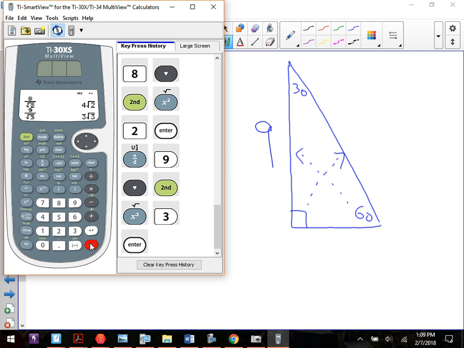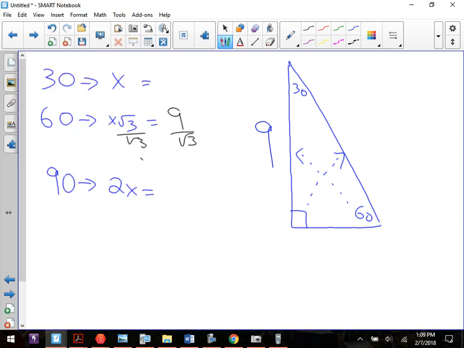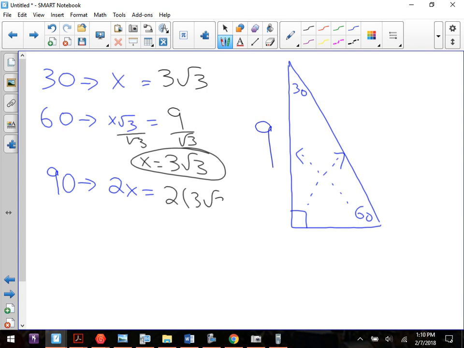You get 3 root 3, which means that's the value of x. So if I know that the value of x is 3 root 3, everywhere I see an x in the rest of the problem, what do I put? 3 root 3. So across from the 30 is 3 root 3. Here it'll be 2 times 3 root 3, which is 6 root 3.